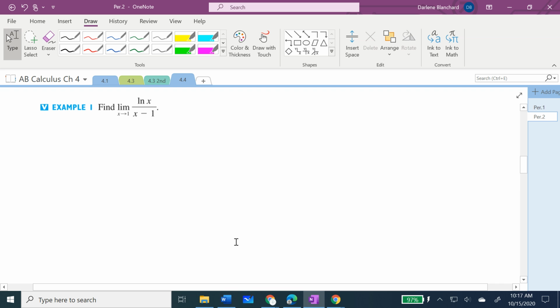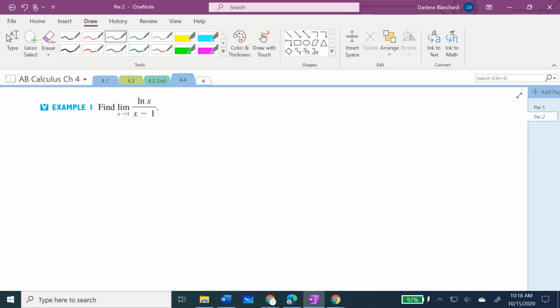Now, on the AP exam, if you do not properly justify your use of L'Hopital's rule, you might as well have not L'Hopital'd at all. Make sure you are clear about this, and I will push it on the test. So I cannot just go, I'm going to start L'Hopital'ing right now. I'm just going to derive.